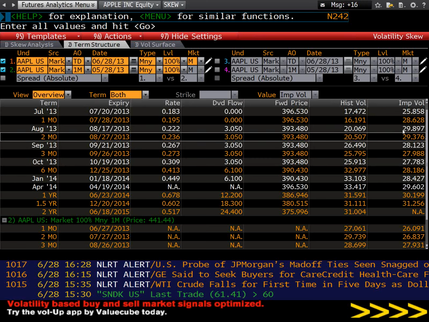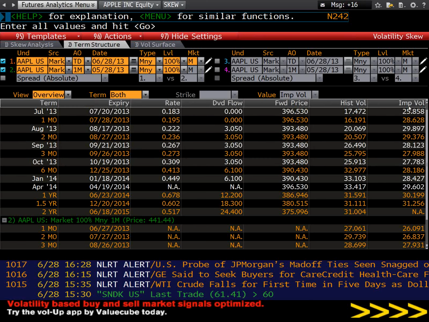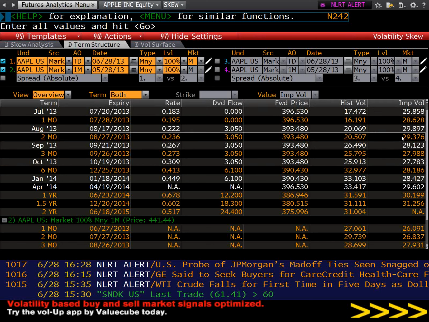And to the side here, you have the implied volatility. In other words, despite whatever the historical volatility is, the implied volatility gives you a sense of what people expect the swings will be in the future: 1 month out, 2 months out, 3 months out, and so on.